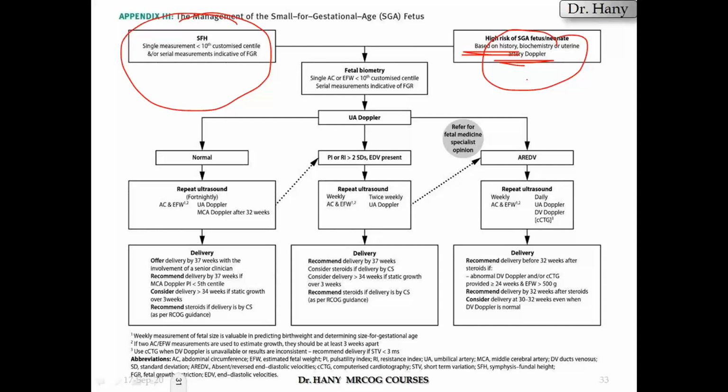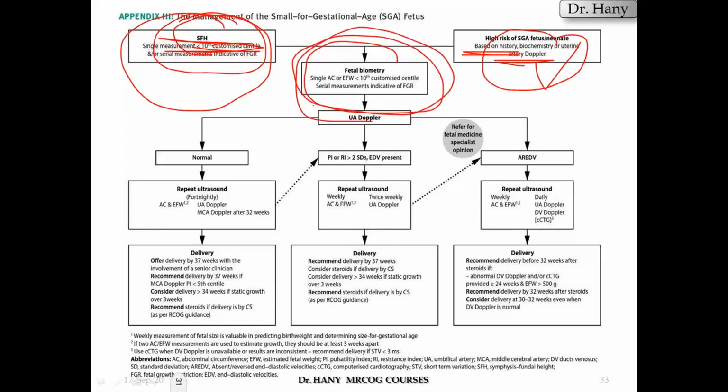So a high risk history or a symphysis fundal height less than the 10th centile. If you find this, you will go for fetal biometry, which is abdominal circumference or estimated fetal body weight less than the 10th centile.